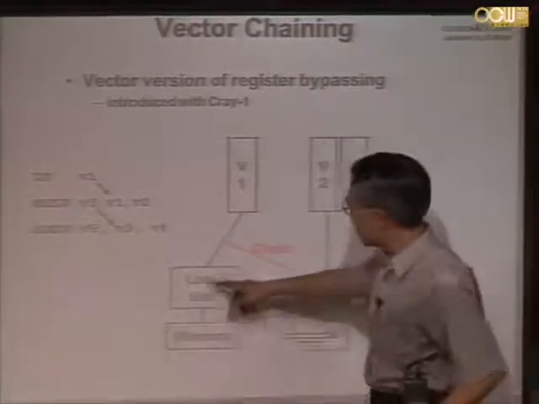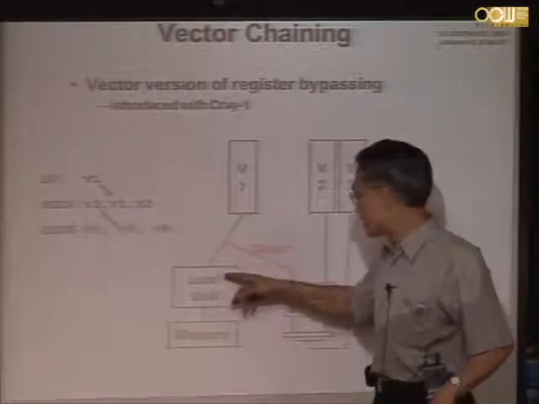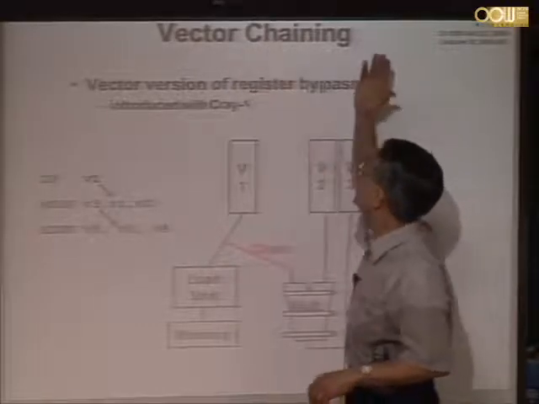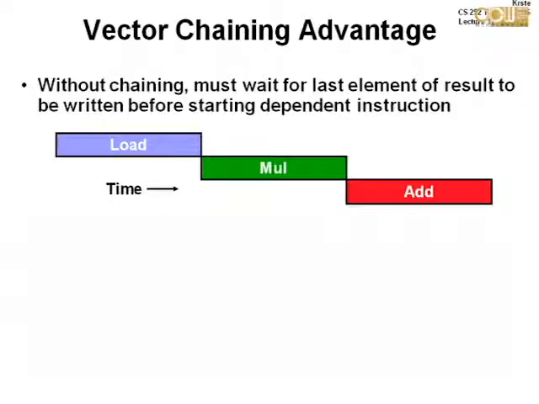Okay? So one value at a time, whenever that value is available, that's the so-called vector element chaining, very similar to the register value forwarding in scalar version designs. We have seen this before.